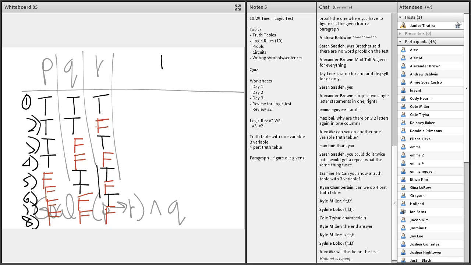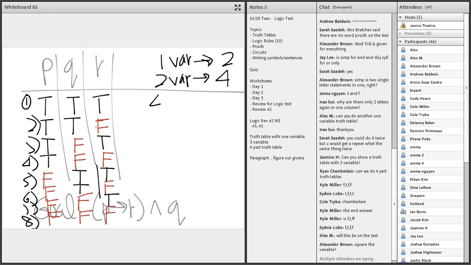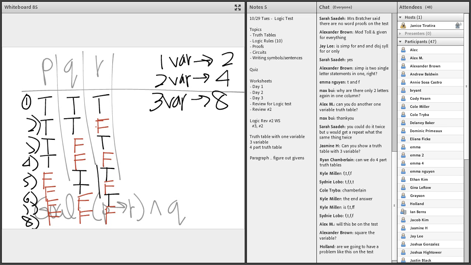So again, let me write this down here. 1 variable, you have just true or false, so just 2 situations. 2 variables, you'll have 4 situations. If you have 3 variables, you will have 8, right? Right here we have 8 situations.